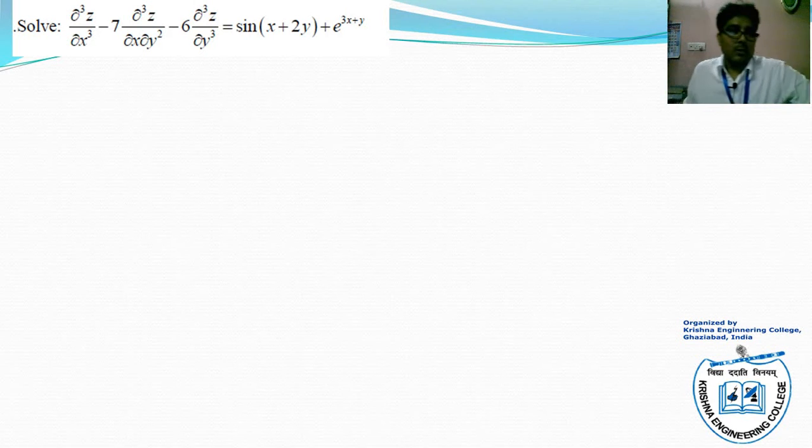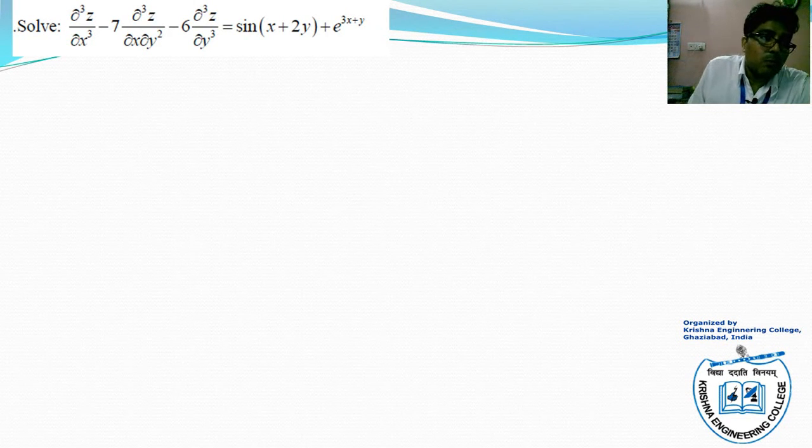Suppose this is the example. Before solving the linear differential equation with constant coefficients, first of all we will see the equation. Here the coefficients are constant: 1, this is the coefficient 1, then coefficient -7, coefficient 6. Also see that this equation has the same degree in each term.